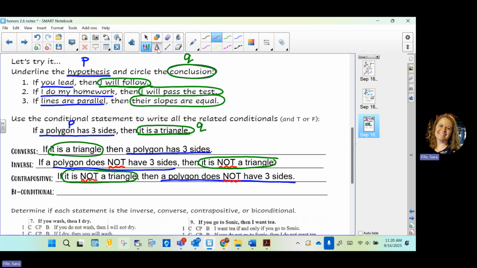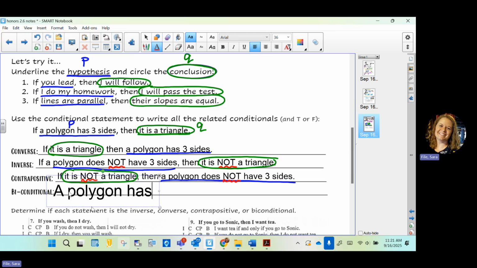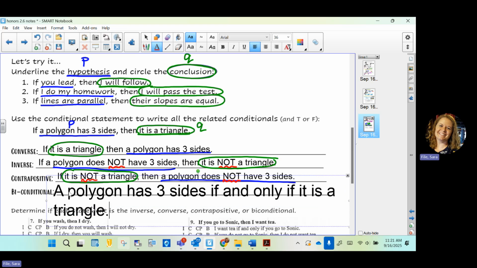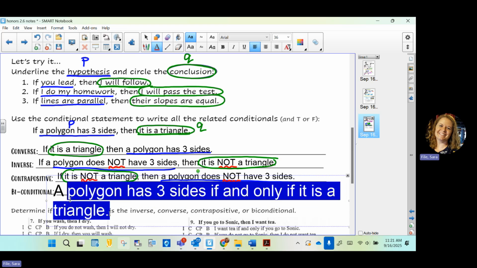So I can write the biconditional. I don't start with if in a biconditional. I start with my P. A polygon has 3 sides if and only if it is a triangle.